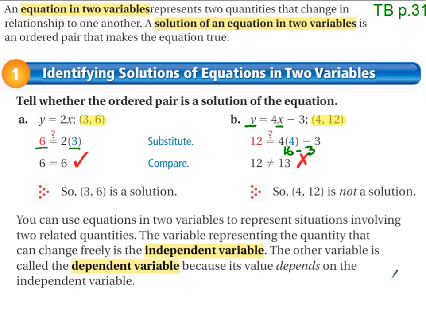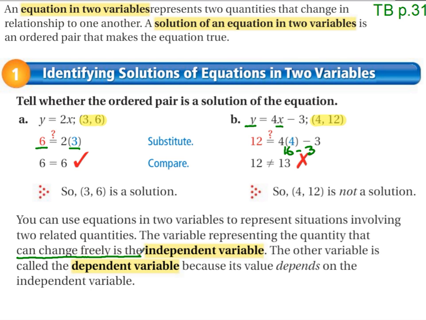Now we're going to relate these terms to independent and dependent variables. Just like you've talked about in science, there are independent and dependent variables in science. The same is true for math. You can use equations in two variables to represent situations involving two related quantities. The variable representing the quantity that can change freely, I'm going to underline this, is the independent variable.